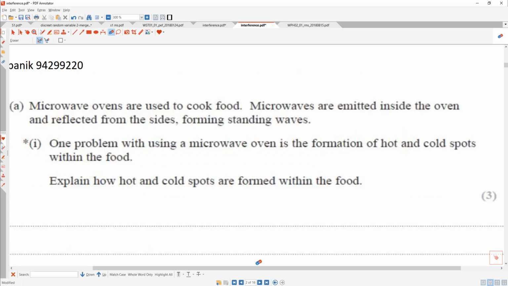One problem with using a microwave oven is the formation of hot and cold spots. Basically, in your food, there are regions which become hot, and there are regions which stay cold and have not heated up. You know very well it is because of nodes and antinodes. Explain how hot and cold spots are formed within the food.